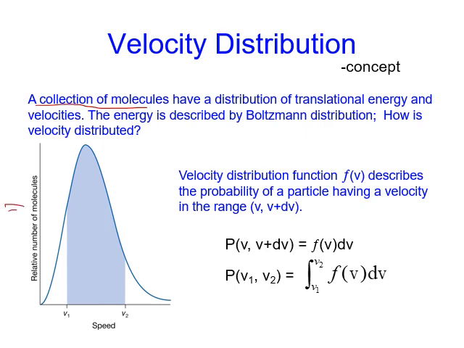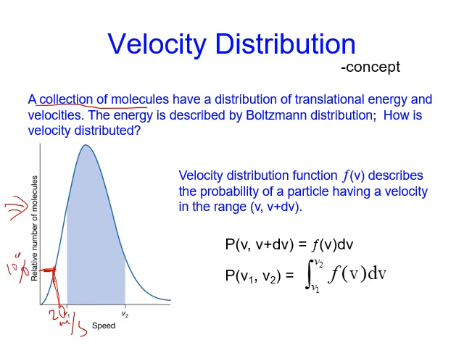So here is the drawing showing you the velocity distribution. For example, some molecules have a velocity of, let's say, 20 meters per second, and the percentage of molecules with this velocity is 10%.